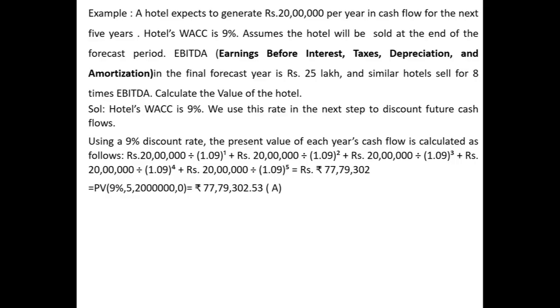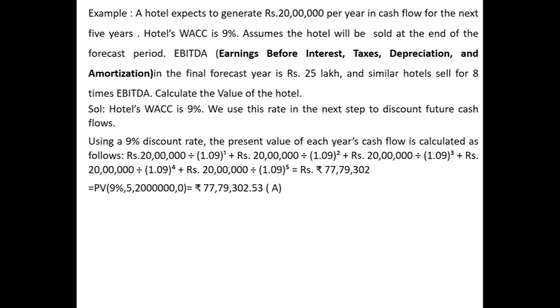79,302. And see here, since the amount is the same 20 lakh every year, you can use the present value of annuity, or YP, method for calculating this value. You can use YP single rate. For that you can use Excel.